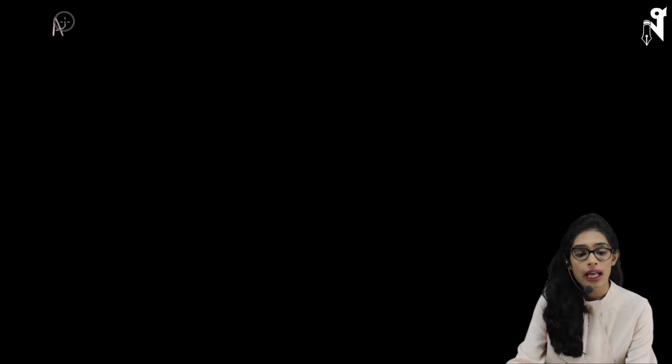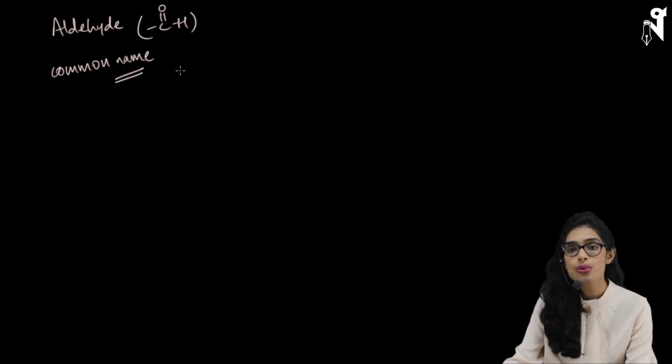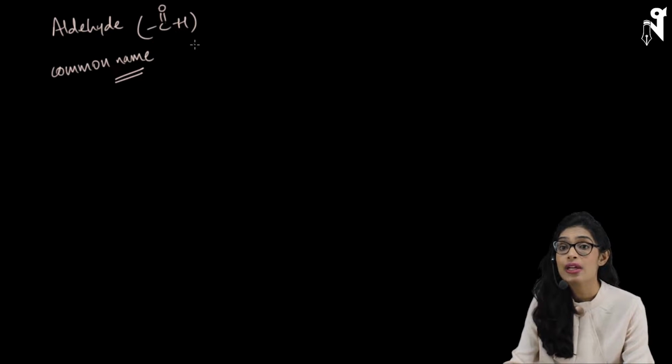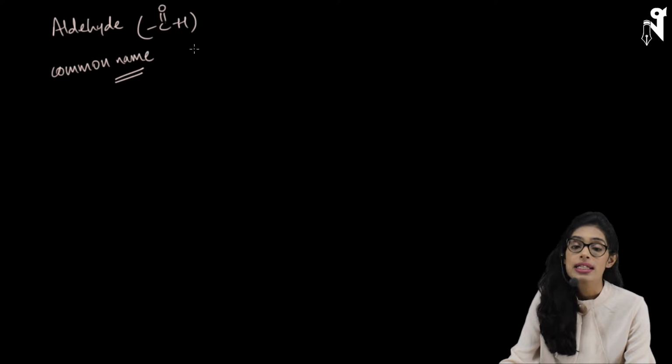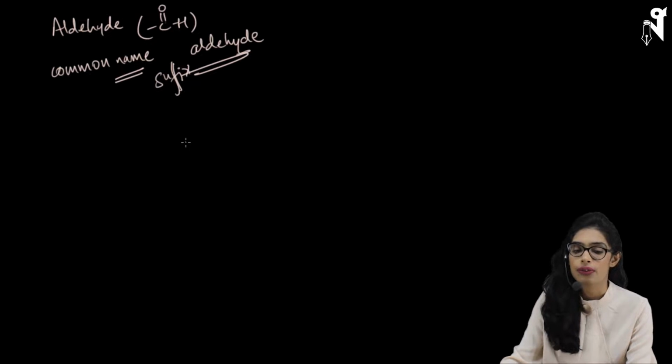So let's say I have taken aldehyde. Aldehyde is a CHO group. Now when I write a common name for aldehyde, there is a suffix we are going to use in the common name to represent the aldehyde group, and that suffix is nothing else but the aldehyde itself. Please understand this very carefully.